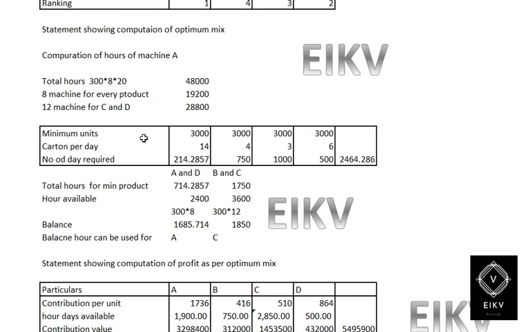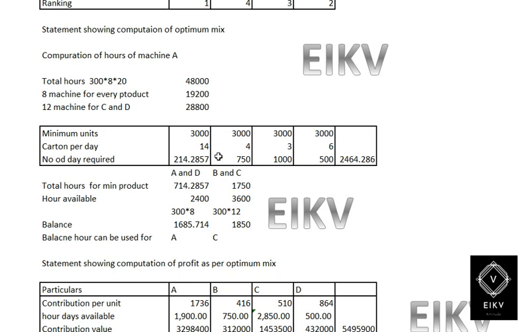And then we can go ahead with the minimum number of units. The minimum number of units is 3,000 for each product. Then cartons per day are 14, 4, 3 and 6, which is given in the question. When we divide the minimum number of units by cartons per day, we will get the number of days required to make the minimum number of units.